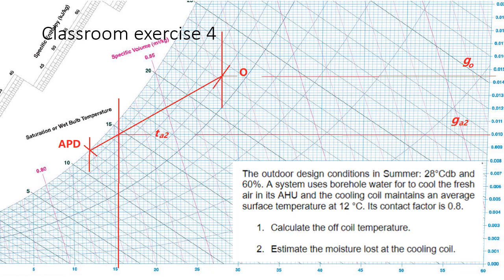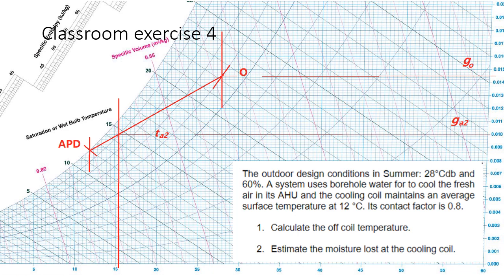So we calculate from the contact factor, the temperature is 15.5 dry bulb, and then the moisture content will be here. So the moisture content will be 0.0102, okay, 0.0102 here. That is 0.01 kilogram vapor per kilogram dry air. This is the moisture content.